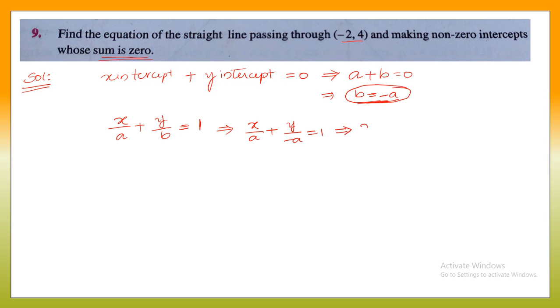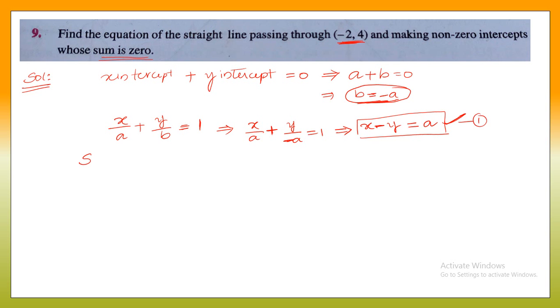On taking LCM, I am going to get (x minus y) by a is equal to 1. On cross multiplying, this minus multiplied with this plus gives minus, and automatically a will be my LCM. So we get this particular equation, which is my equation. But what he said is that this equation is passing through (-2, 4).